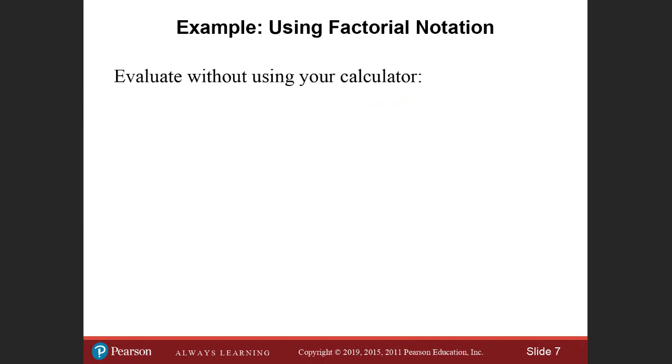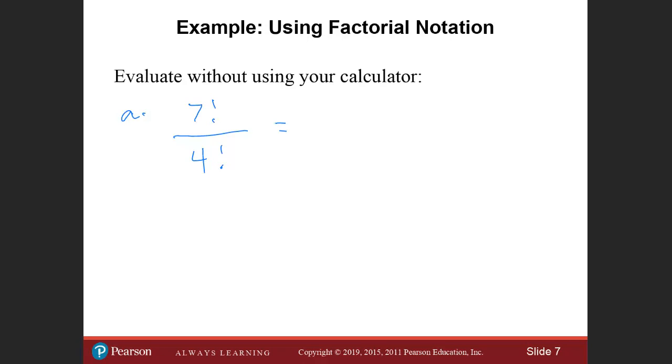Let's practice evaluating using our calculator. Let's say you have 7 factorial divided by 4 factorial. Using your calculator, you press 7 and then hit the math button, go to the last column to the right and select 4.